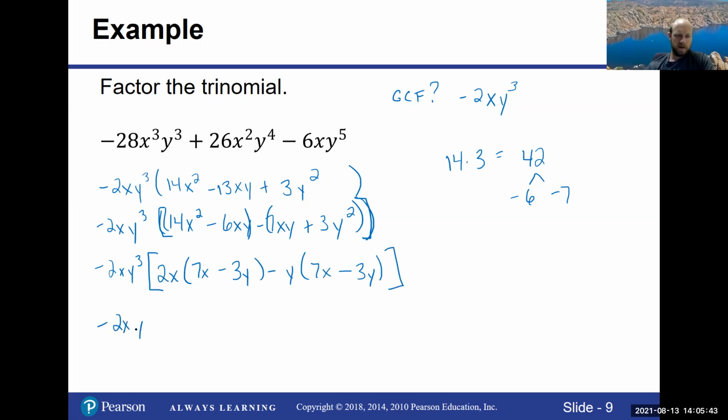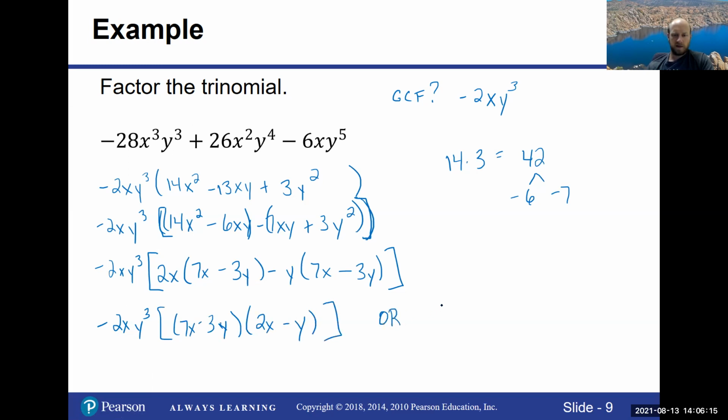And now, I don't expect you to do it that fast, but if you want to pause and see why that's true, you can. And then now in the brackets here, I can combine the factors. So 7x minus 3y, that's a common factor. So I'm going to factor that out. And then leave the other ones in there.